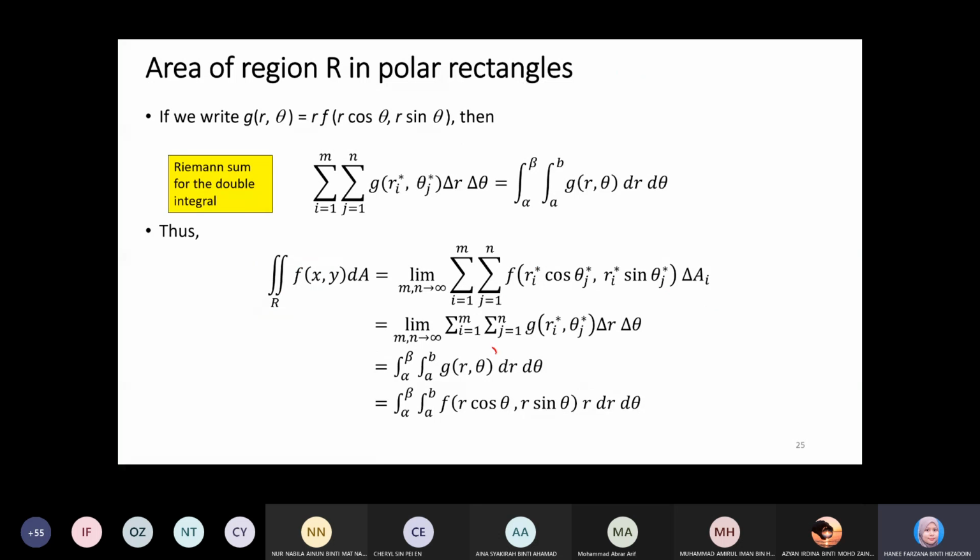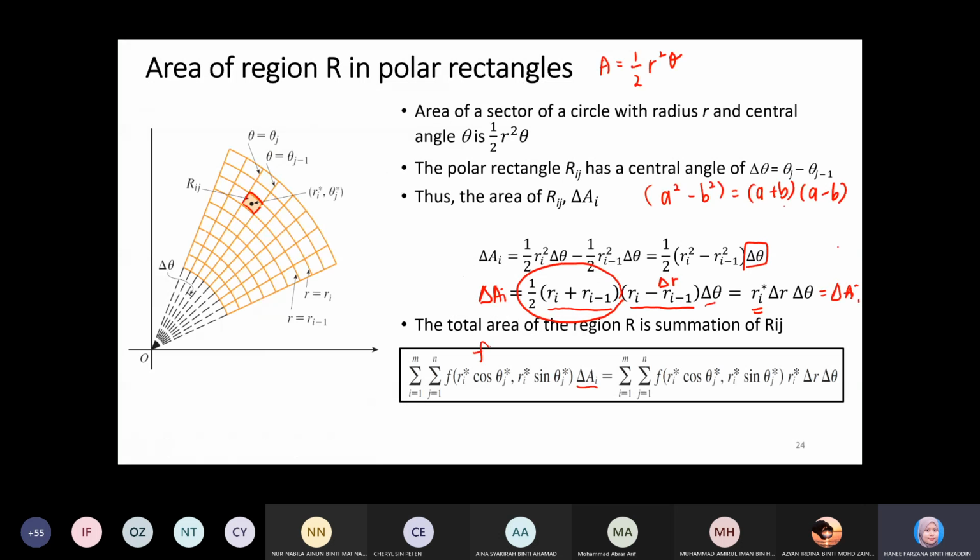So now instead of f of x, y, your function is in terms of r cos theta and r sin theta, because we want to convert from rectangular coordinates to polar coordinates. Because delta Ai equals Ri star times delta R times delta theta, you get this term here.